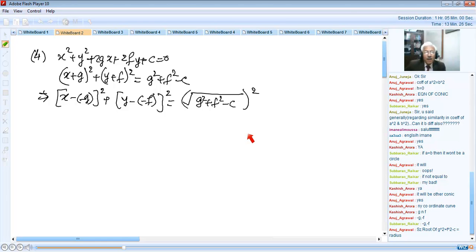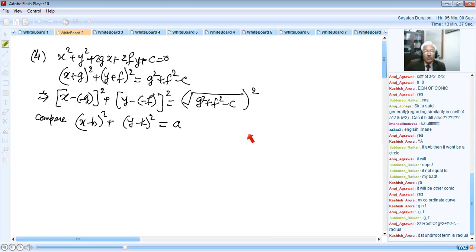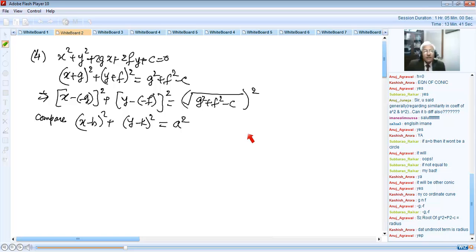Now compare it with our known equation (x minus h) whole square plus (y minus k) whole square equal to a square. What do you find? You find h is equal to minus g.